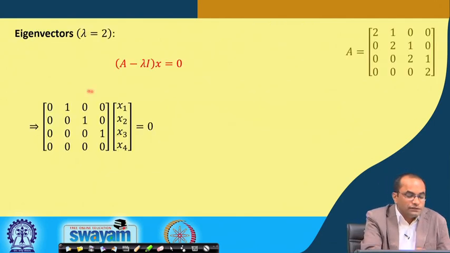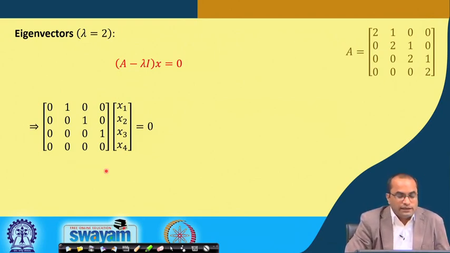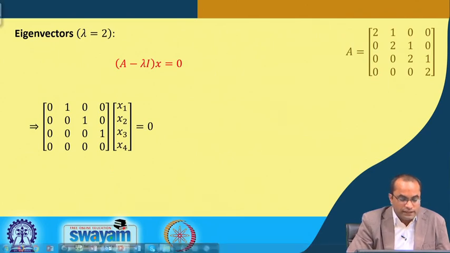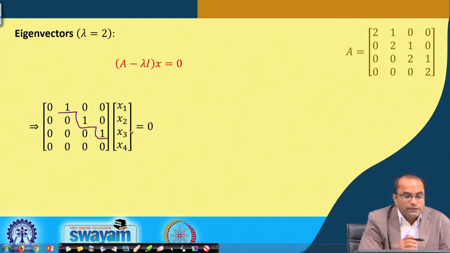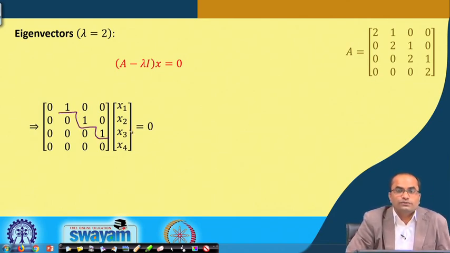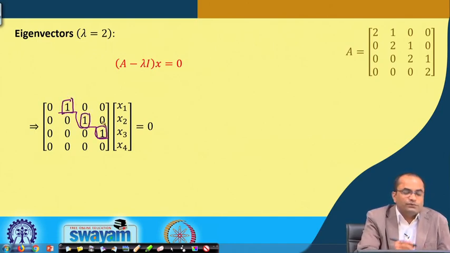So we got this as our system of equations, and here we do not have to do anything to get the reduced form, because we can clearly see this structure is already the reduced echelon form. This is a pivot element, this is another pivot element, and this is also a pivot element.